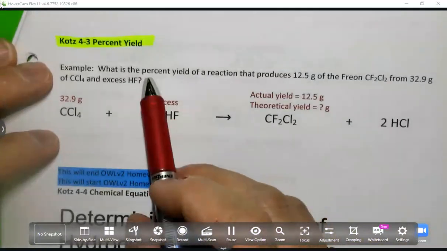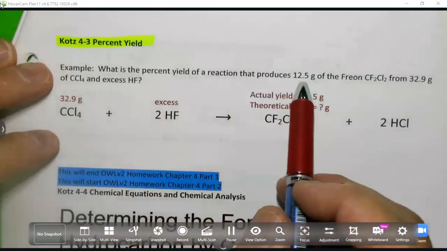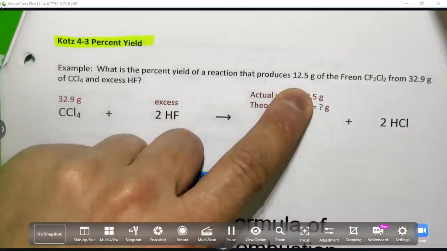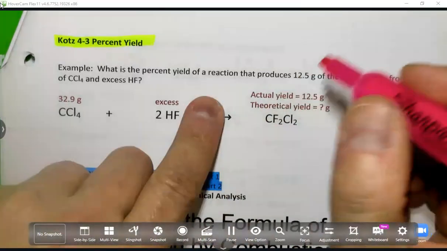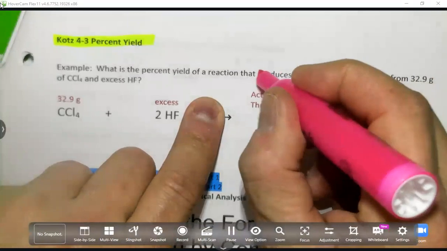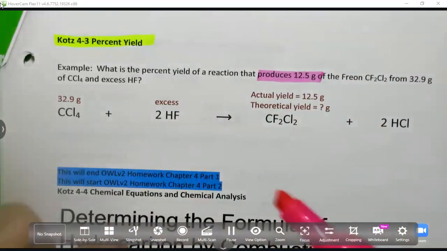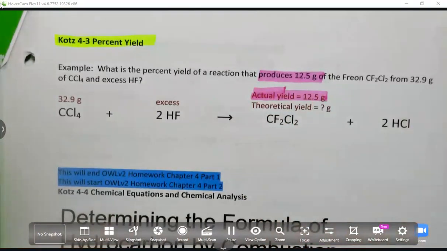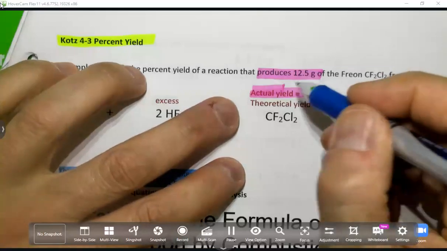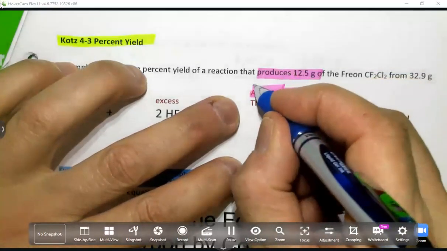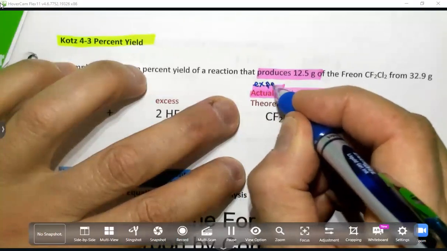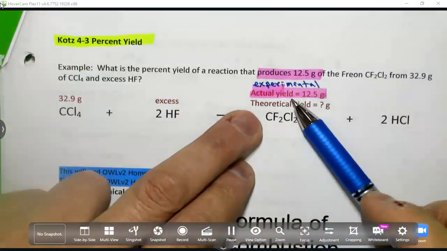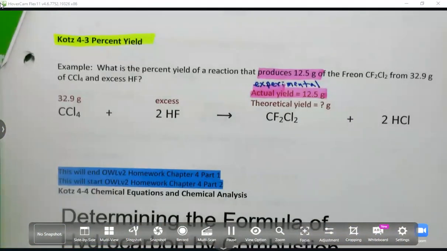It says, what is the percent yield of a reaction that produces 12.5 grams of Freon? So that's my actual yield, my actual or experimental. It just says you got 12.5 grams.